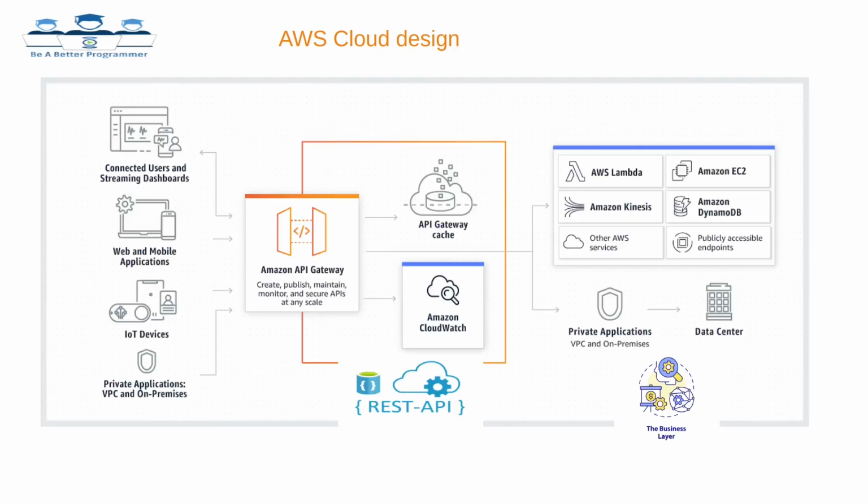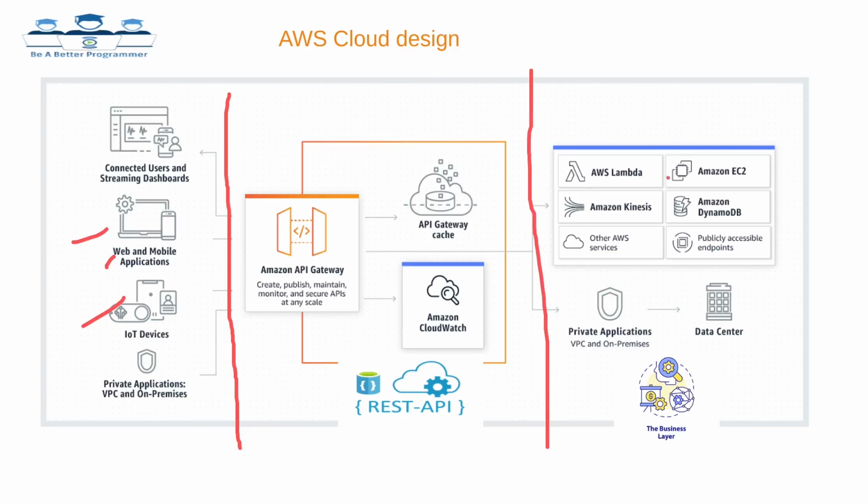So this is the cloud design I have copied from the AWS API Gateway homepage. Here you see this is your client, which can be a mobile application, IoT device or web application, and this is your backend.